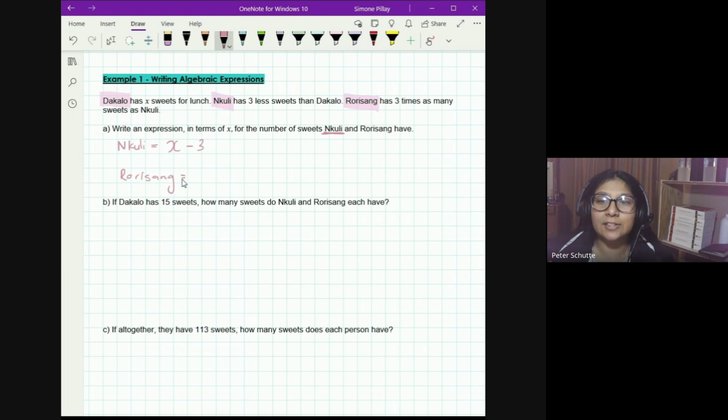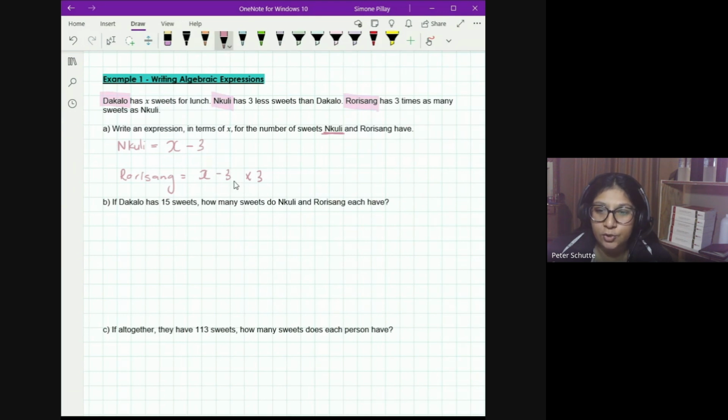Rory Sang has 3 times as many sweets as Nkuli, so I need to take Nkuli's expression and multiply it by 3. But I can't just go x minus 3 times 3, because when we apply BODMAS, we're going to go 3 times 3 and x is not going to be multiplied by 3.